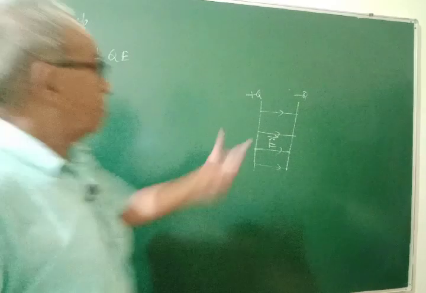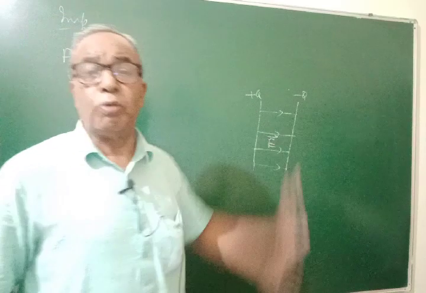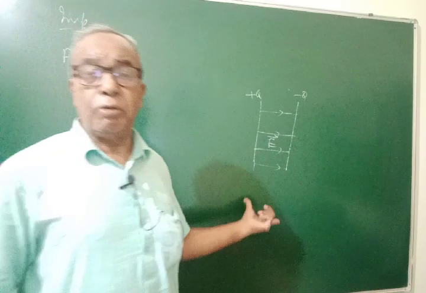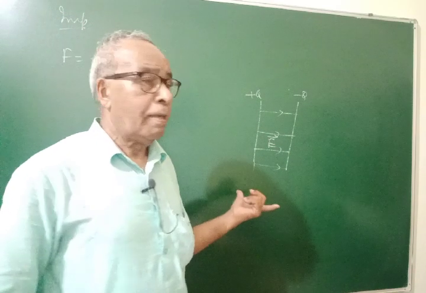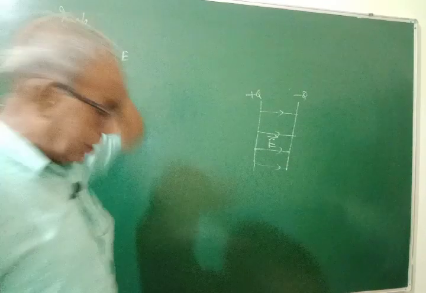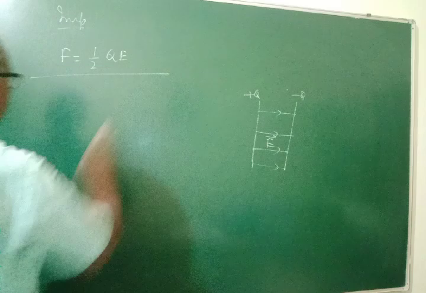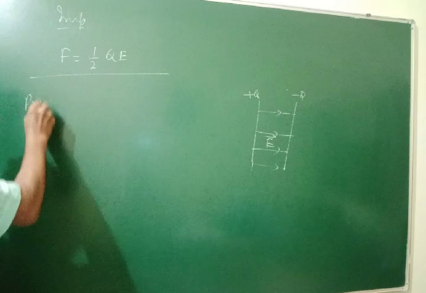The question is that the parallel plate capacitor has charge plus Q and minus Q, there exists a uniform electric field, and then how is the force of attraction between the plates half Q into E? How to prove it? What will be the proof?